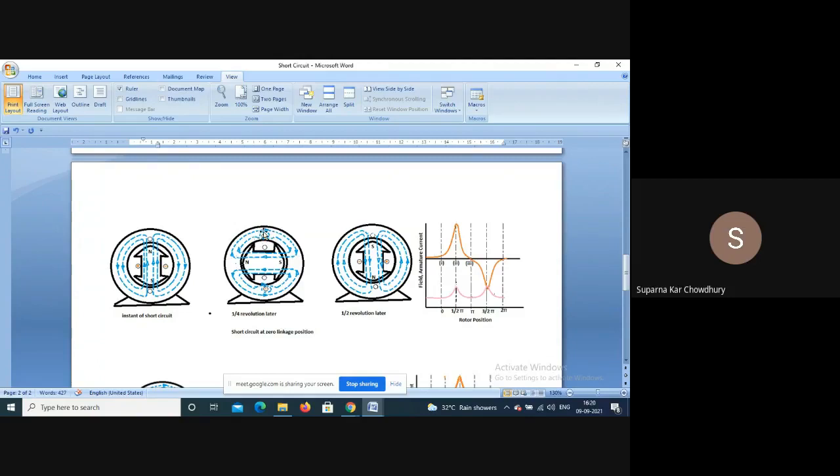For this first figure, this was the steady state field current flowing. For this second figure, the armature has started flowing a current in the armature so that it will create a field.